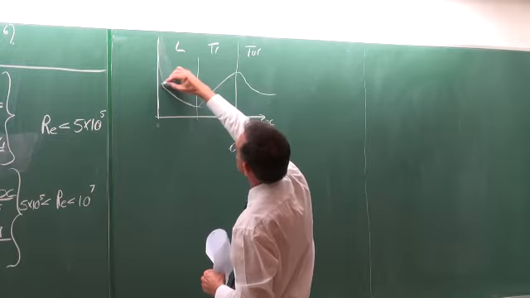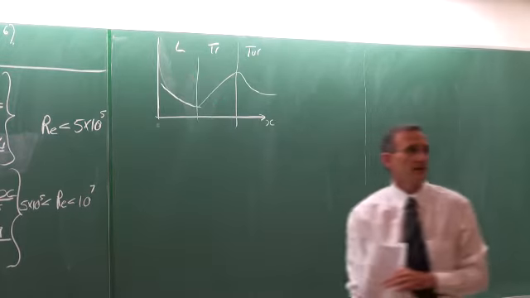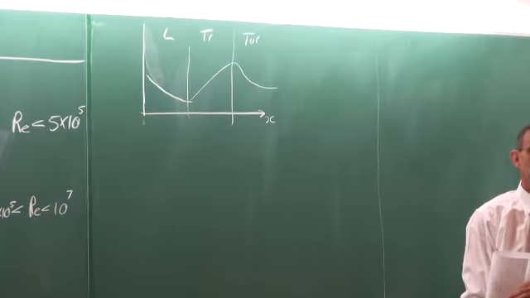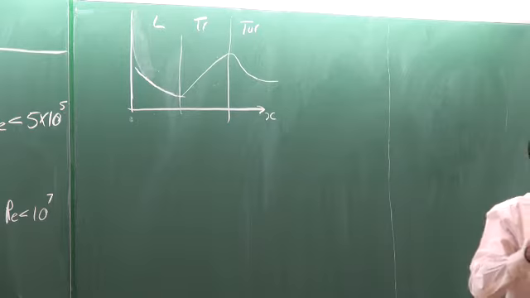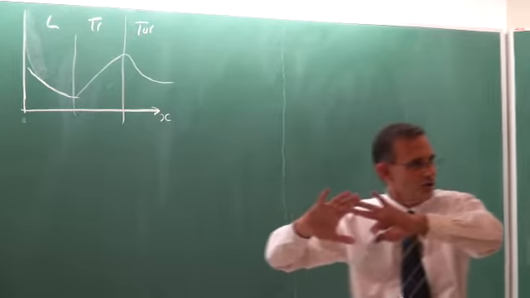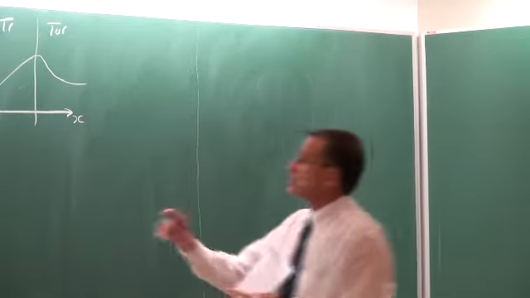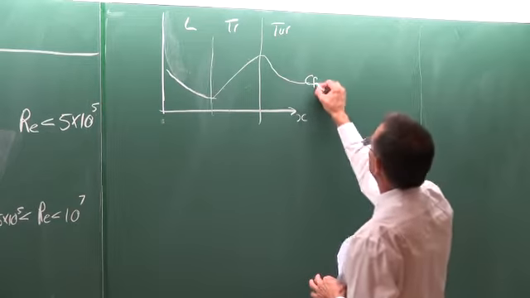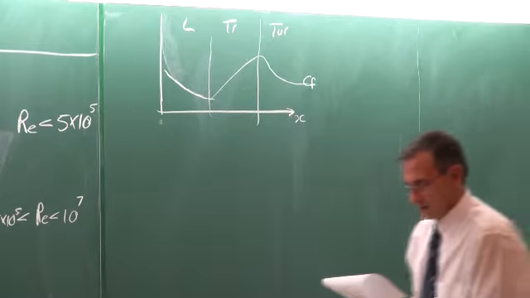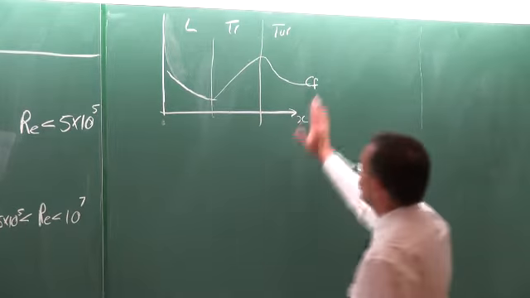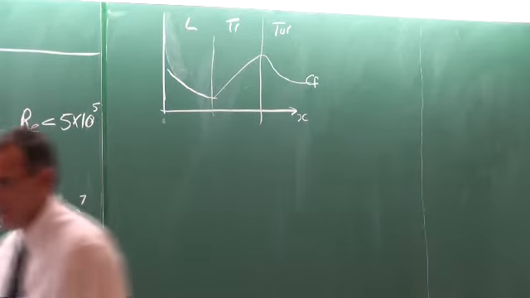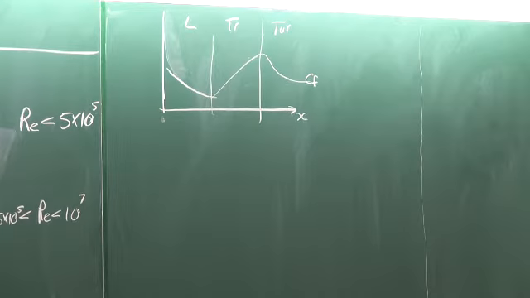So we do not really get that infinite high value at the leading edge, because it is just the mathematics that previously was not taken into consideration like that. Okay. So in general, that is CF. And I'm going to come back to this sketch a little bit later. It is very, very important.